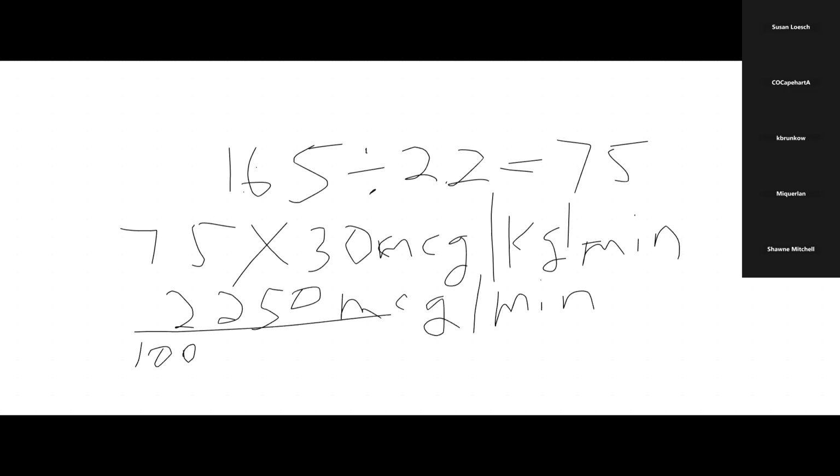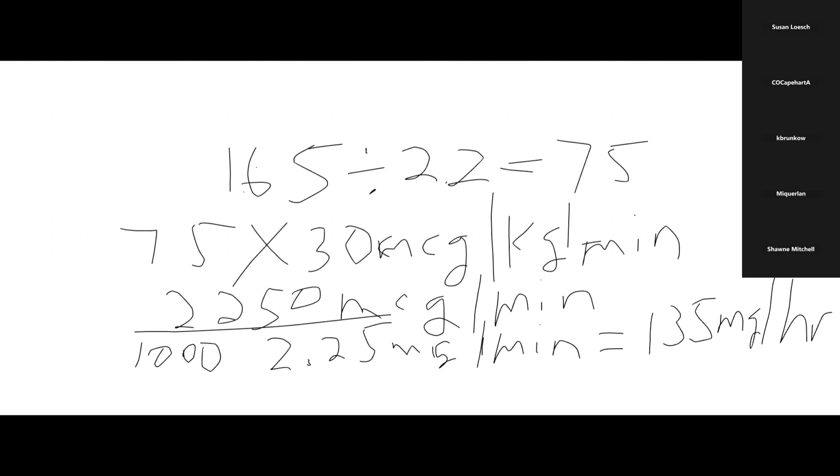It left you 2.25 milligrams per minute, both sides times 60. And that gave you 135 milligrams per hour. And then you took that over your 100 times 100. Okay. And that left you at 135. And that answer was there.